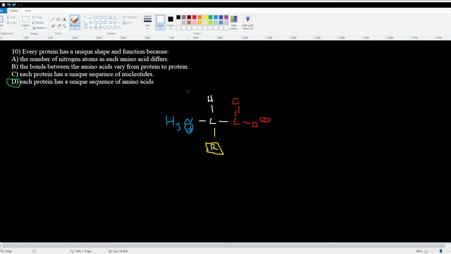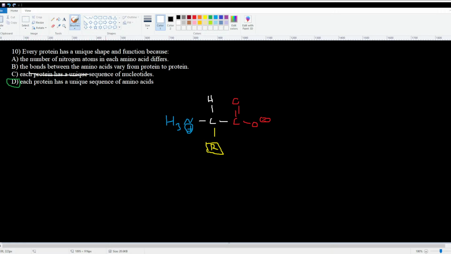But the number of nitrogen never changes. The R group is what changes, and the R group may or may not contain nitrogens, but the backbone never changes. Besides, even if it did change in the R group, that wouldn't necessarily encompass what's different about each protein.